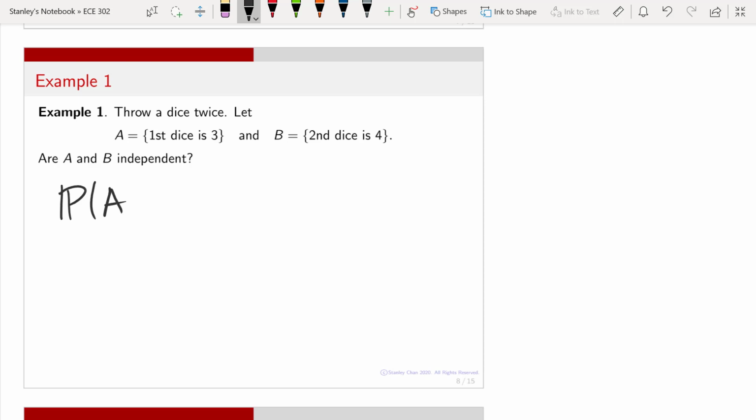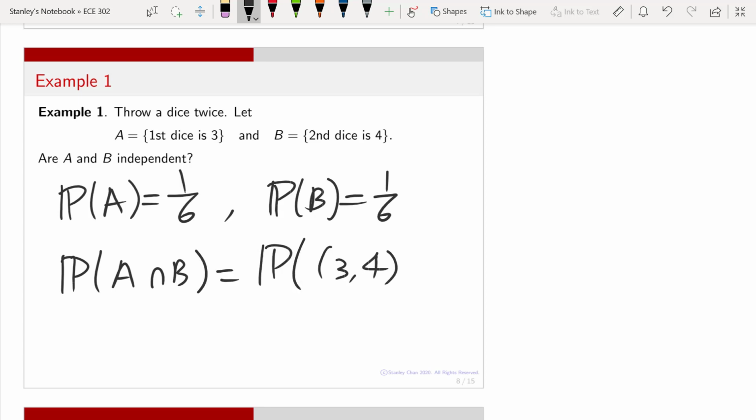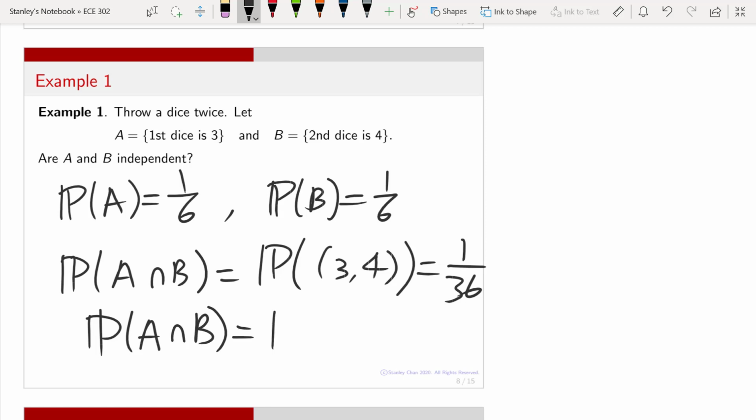We can show that the probability of A is 1 over 6, the probability of B is also 1 over 6, and the probability of A intersect B, that is, the probability of getting 3 and 4, is 1 over 36. You can see that this is the same as the probability of A times the probability of B, and therefore the two events are independent.